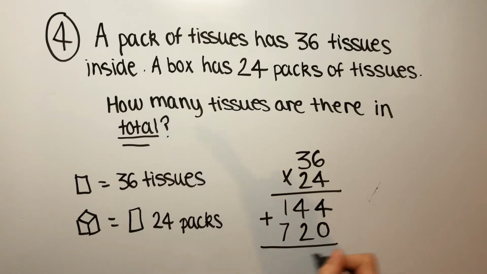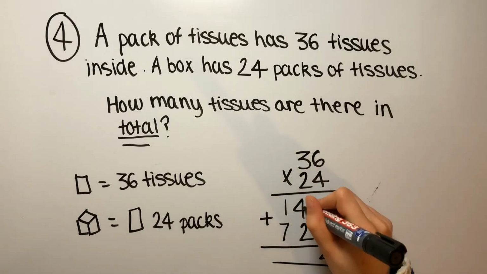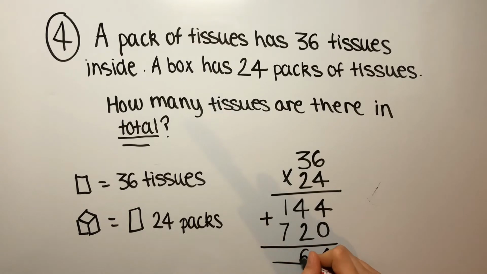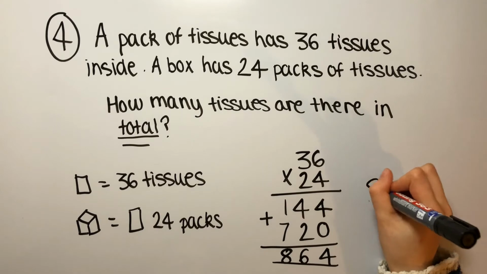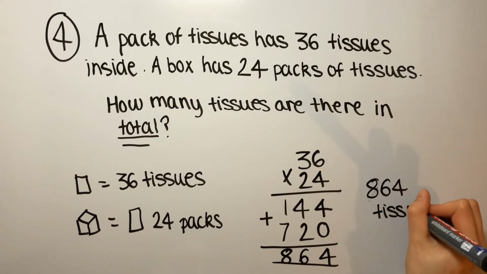Add it all together. 4 plus 0 is 4. 4 plus 2 is 6. 1 plus 7 is 8. In total, there are 864 tissues.